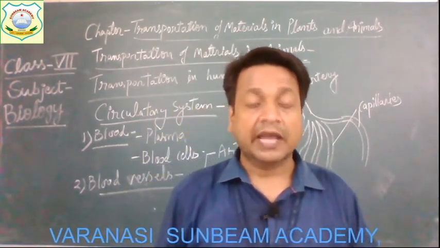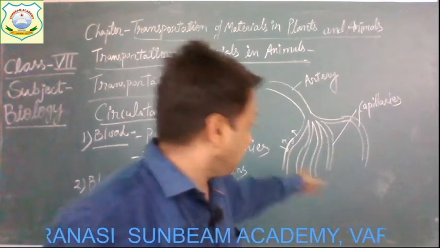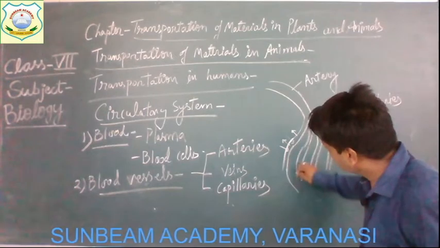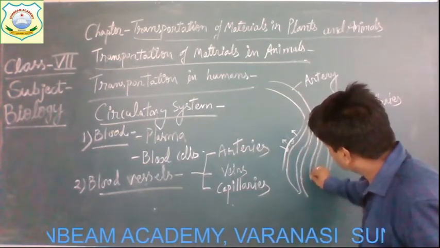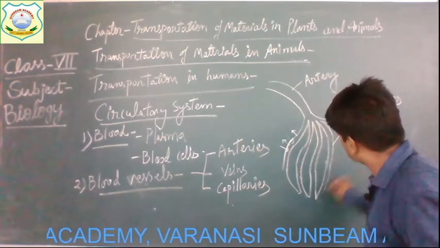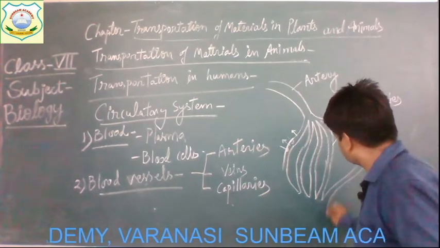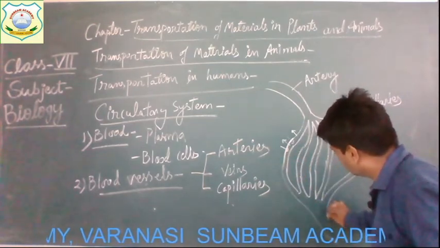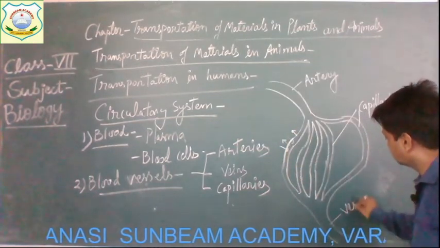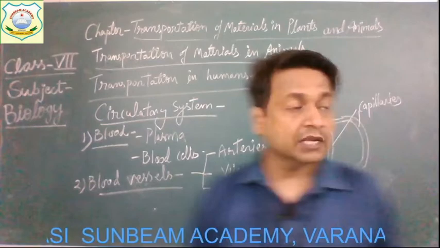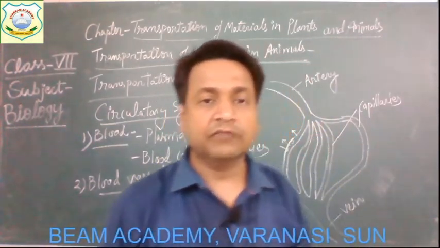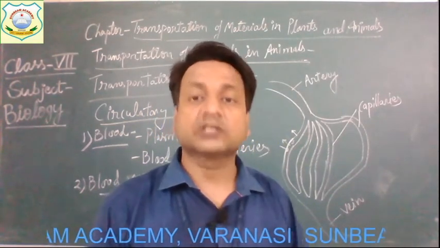Okay children? And the capillaries again join up to form the veins. So arteries get divided into capillaries and capillaries again get joined to form the veins, and these veins carry deoxygenated blood.